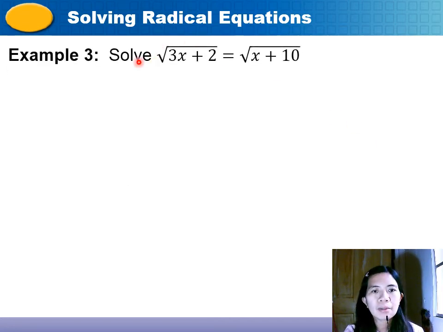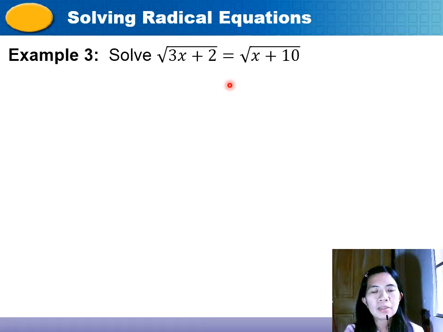Let's have example number 3. So solve the square root of 3x plus 2 equals the square root of x plus 10. Now, here we have radicals on both sides of our equation.